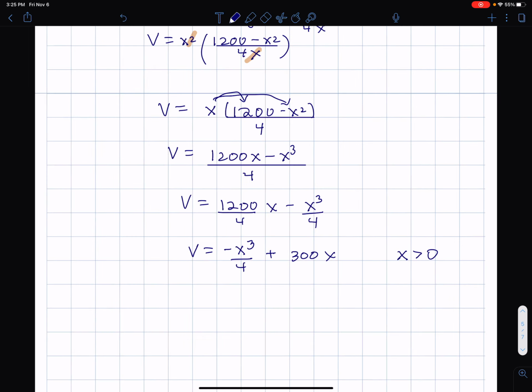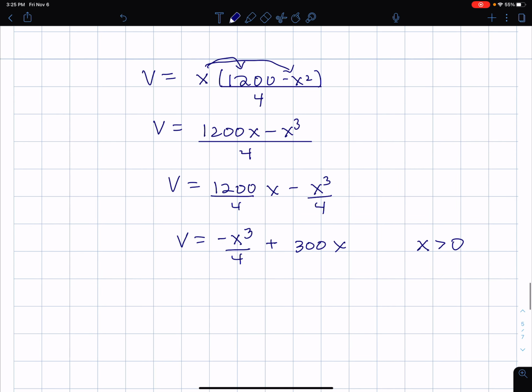All right. Now what I'm going to do is, I have this formula here. Let me just point out that this is not that clear, but I have negative x cubed for x greater than 0, we'll find out. If you sketch the graph of negative x cubed over 4 for x greater than 0, that's a concave down function.